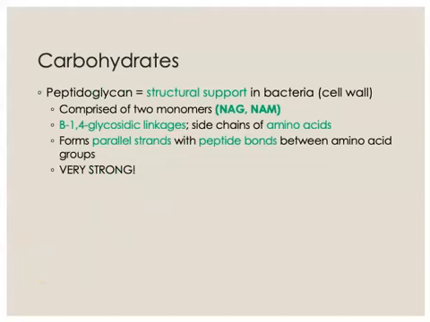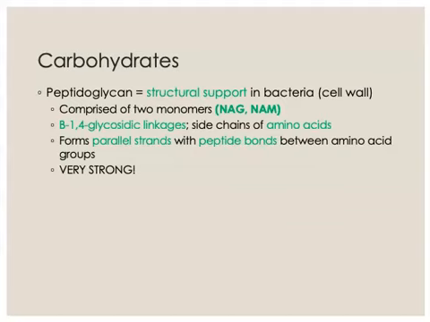Peptidoglycan is the most unusual of these polysaccharides. And that's because it has an unusual amount of strength within it. Of all the structural polysaccharides, peptidoglycan is the strongest. It's known to resist all different kinds of forces, pulling forces, pushing forces, and even twisting or torquing forces.